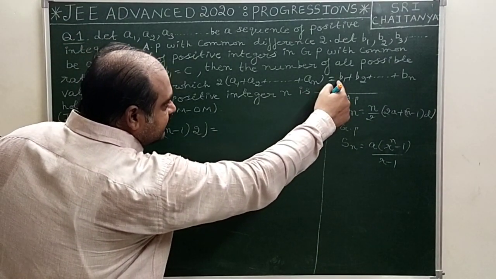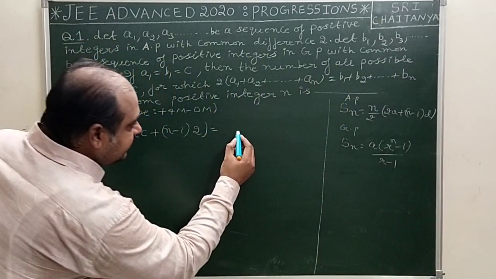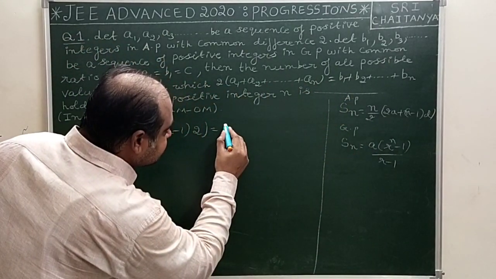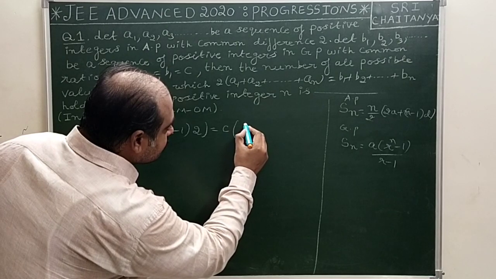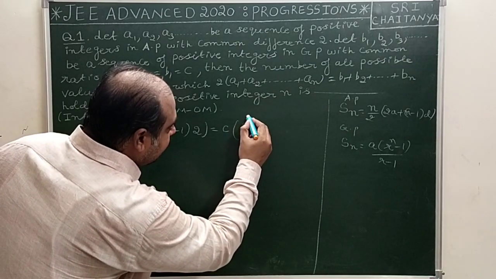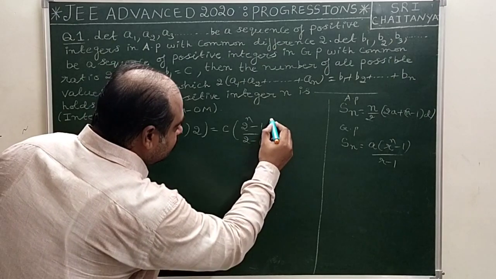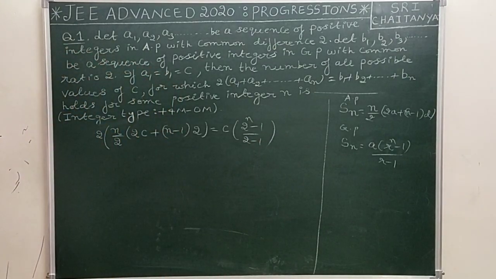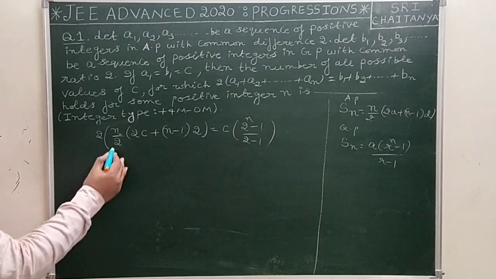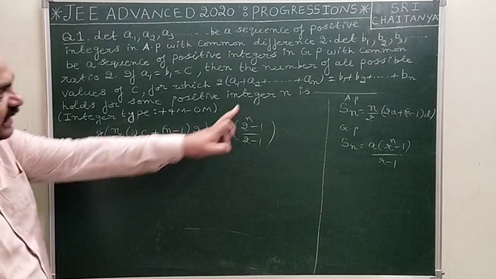Here the first term B1 is given as C, so a is C, into (2 power n minus 1) divided by (2 minus 1). So this is the equation given.